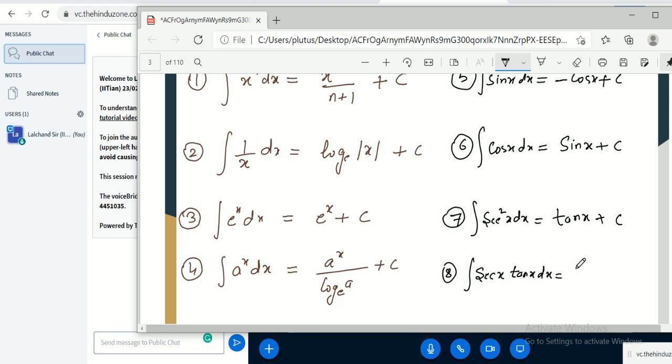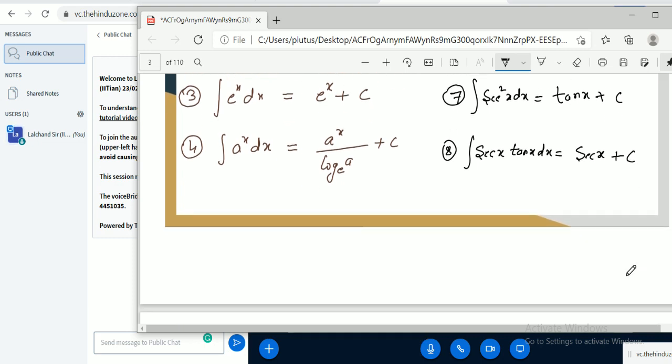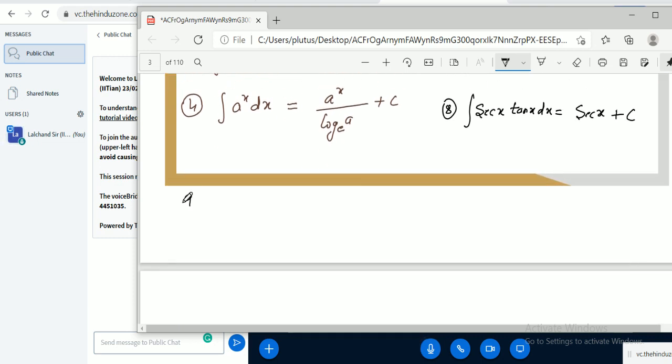That is sec x plus c. Okay. What is the ninth formula? What is the integral of cosec square x dx? Minus cot x plus c. And what is the integral of cosec x cot x?